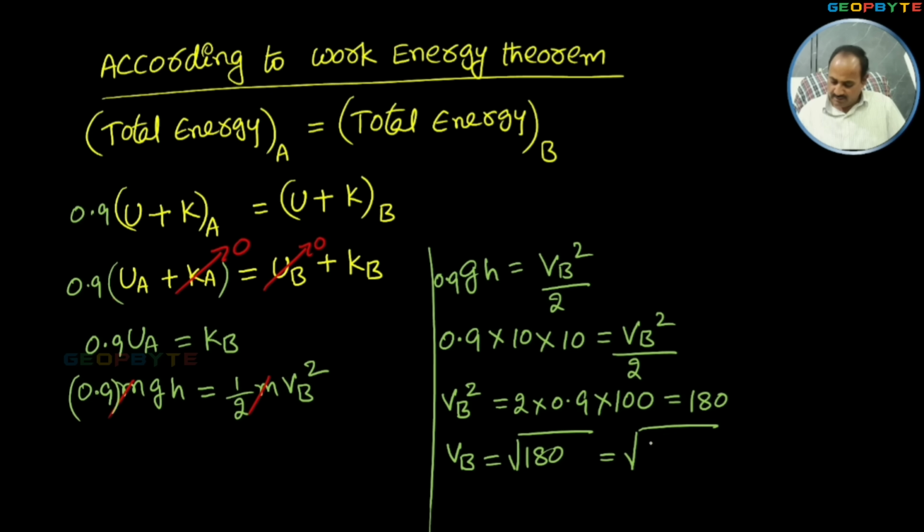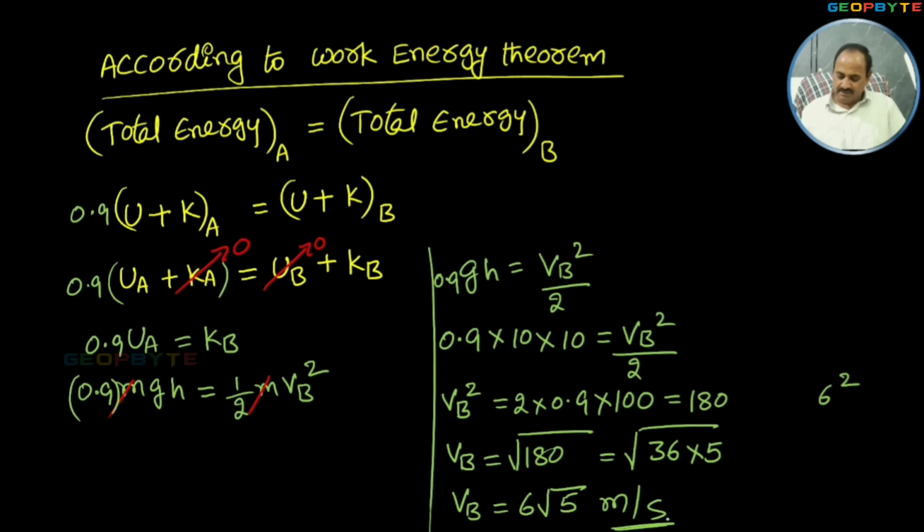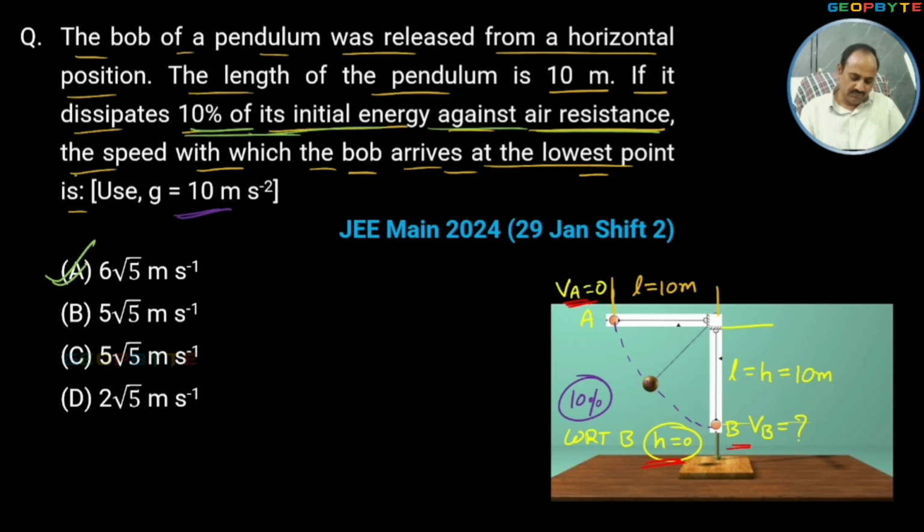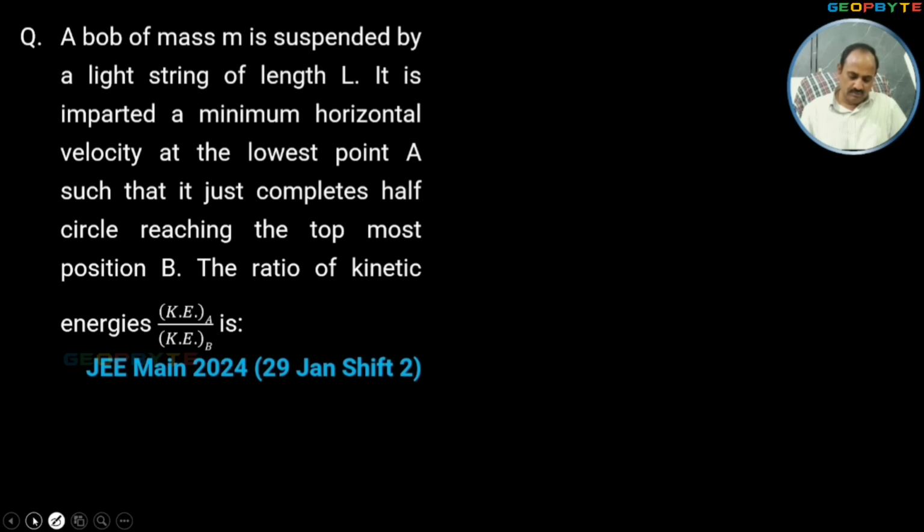That 180 I can write as 36 into 5, and 36 can be written as 6 square. Therefore, VB equals 6 root 5. That is the velocity of the bob by the time it reaches the bottommost point. Option A is absolutely correct. Understood clearly?